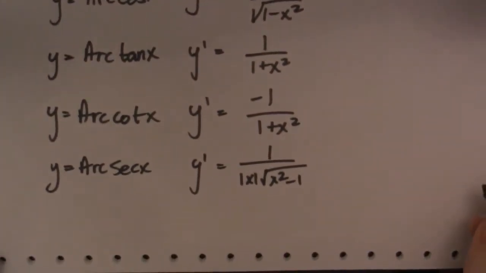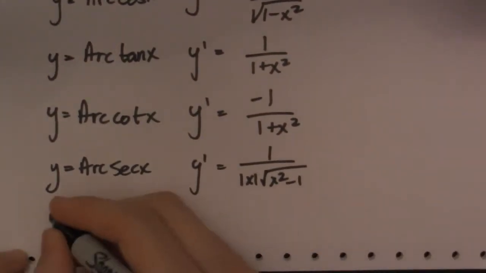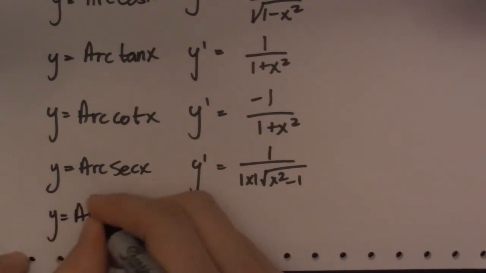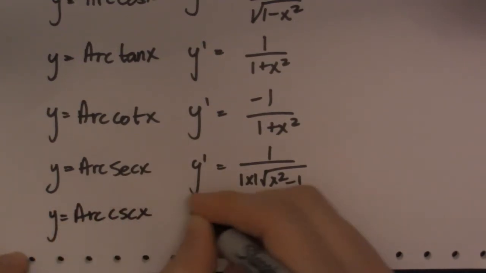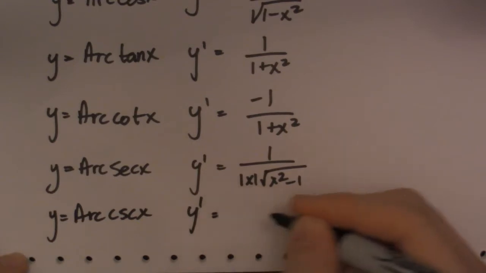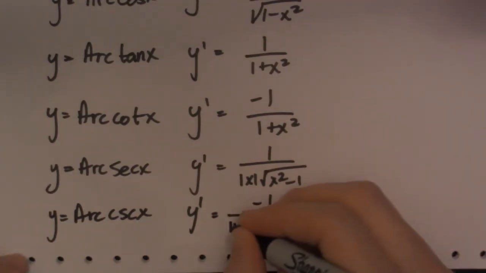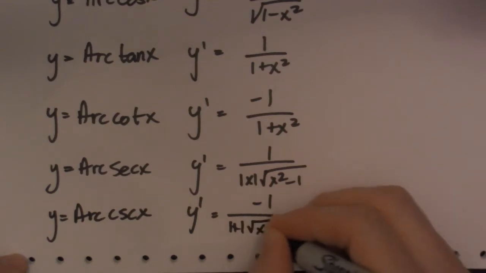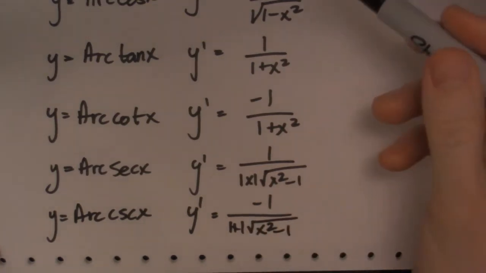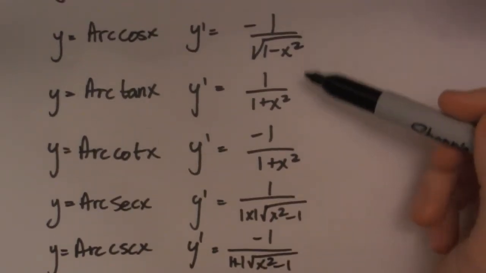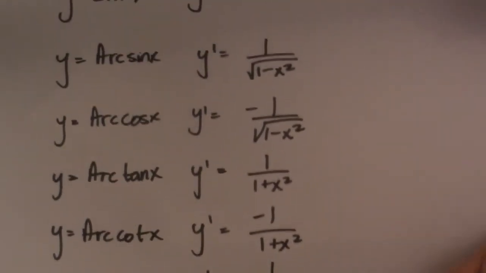And then I have space for one more, which would be arc cosecant of x, y prime is equal to negative 1 over the absolute value of x times square root of x squared minus 1. So you've got to memorize all 6 of these guys. All right, so let's put it in action.